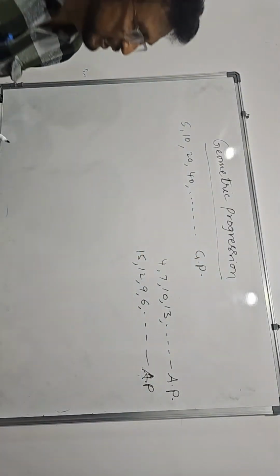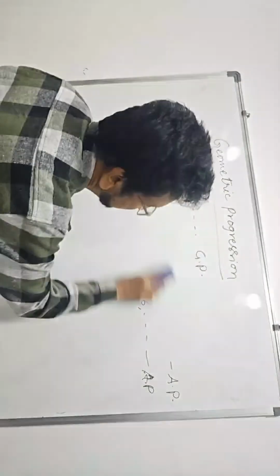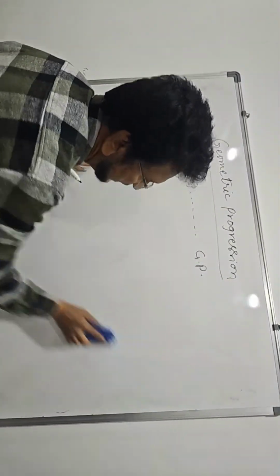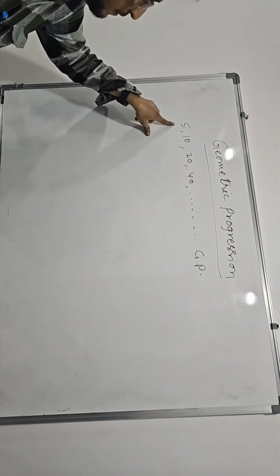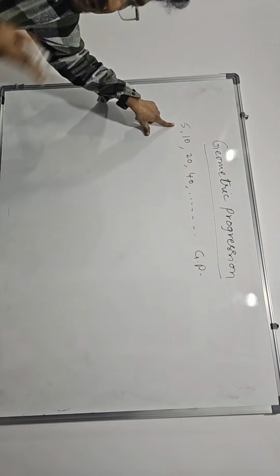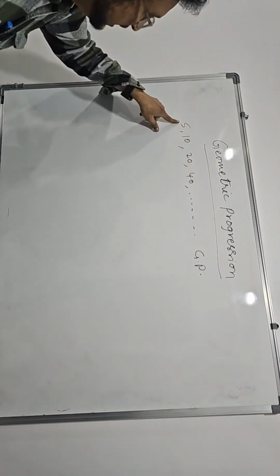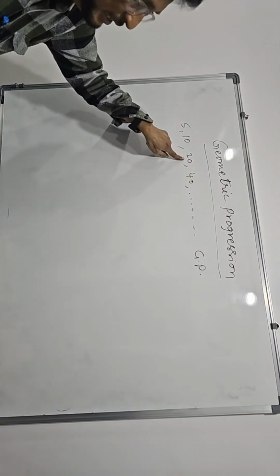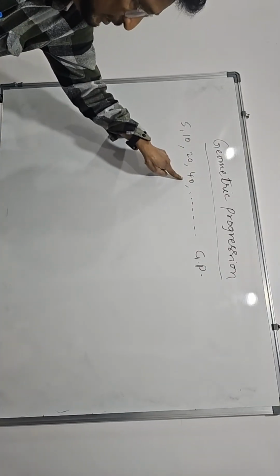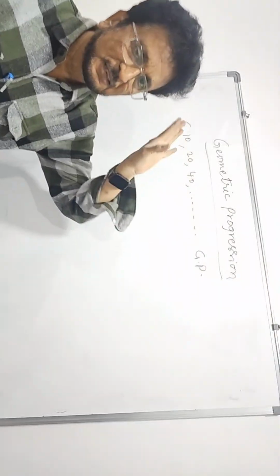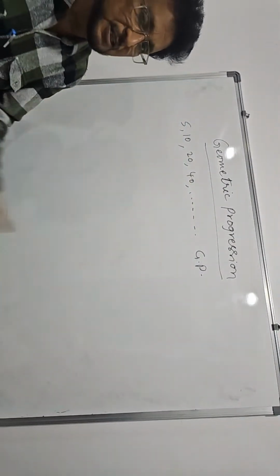In a geometric sequence, each term is obtained by multiplying the previous term with a fixed number. What is that fixed number? 2. 5 into 2 is 10, 10 into 2 is 20, 20 into 2 is 40.